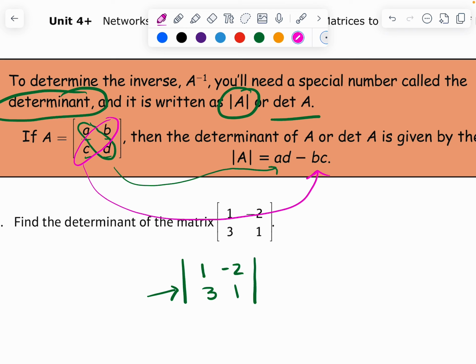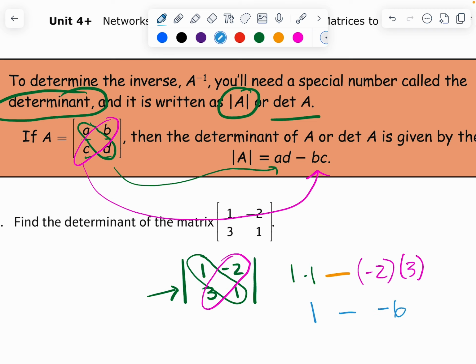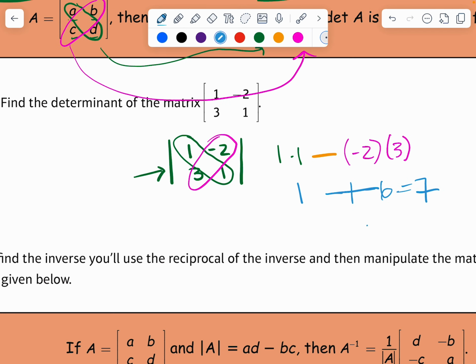Then we subtract those numbers. So I have -2 times 3. When I do that, I get 1 minus a -6, which turns to a plus sign, so I get 7. So my determinant is 7.